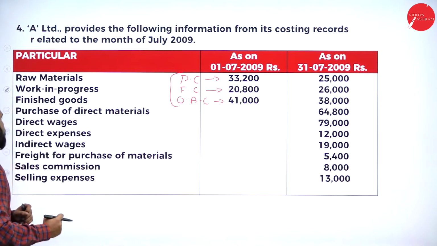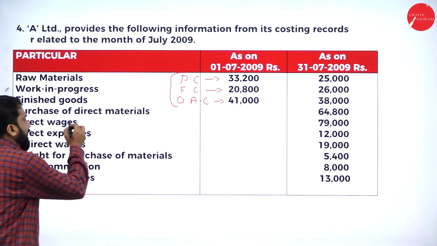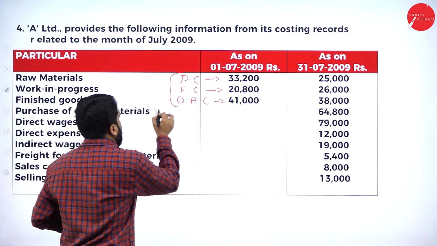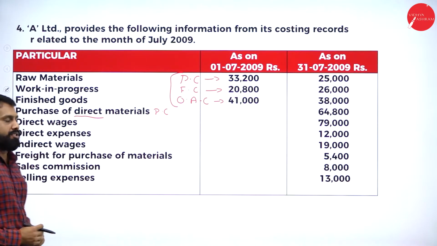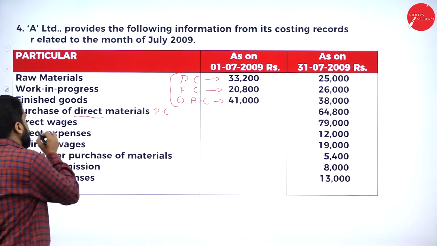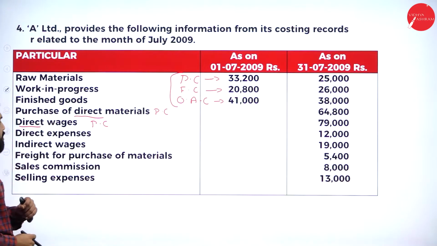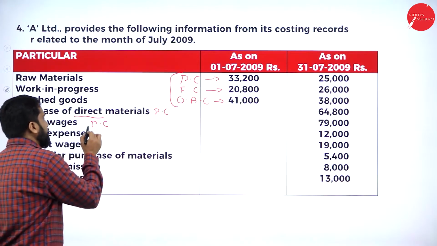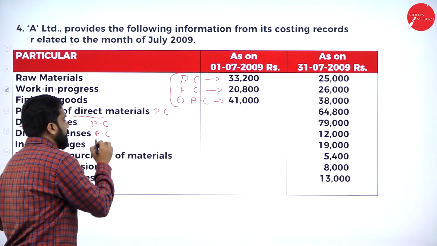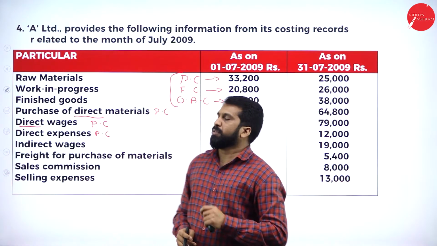Now, we'll go one by one. Purchase of direct material will come under prime cost. Then direct wages, see again the word direct, it will come under prime cost. Then direct expenses, easy to find out, this also comes under prime cost.